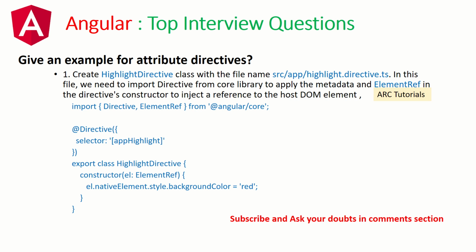If you see the code, it already has the code which says import Directive, ElementRef, and then @Directive with the selector name app-highlight, since the name of our directive is highlight. Then we are writing export class HighlightDirective, and we are just saying el.nativeElement.style.backgroundColor equal to red. Whenever we use this directive, the background color of that element will become red. That is the functionality of this directive.